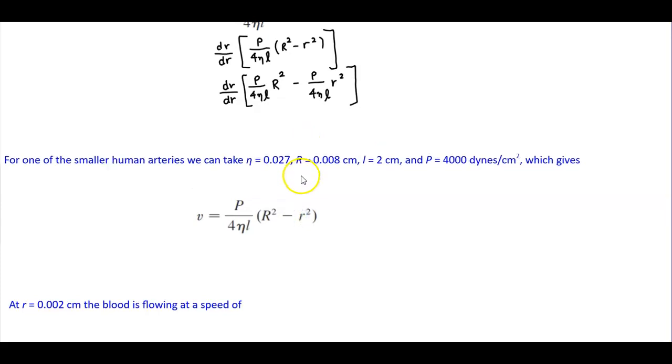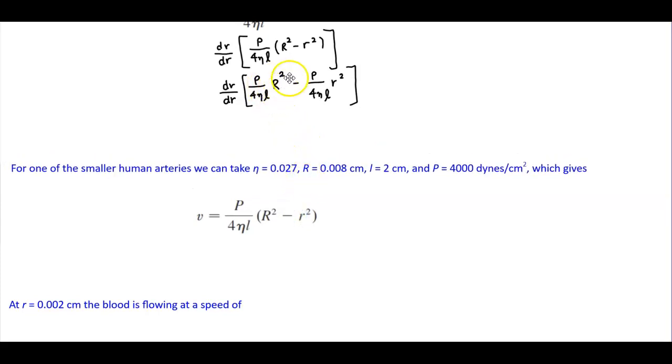If we take the derivative of the first part with respect to r, this is all a constant, so this gives us 0.